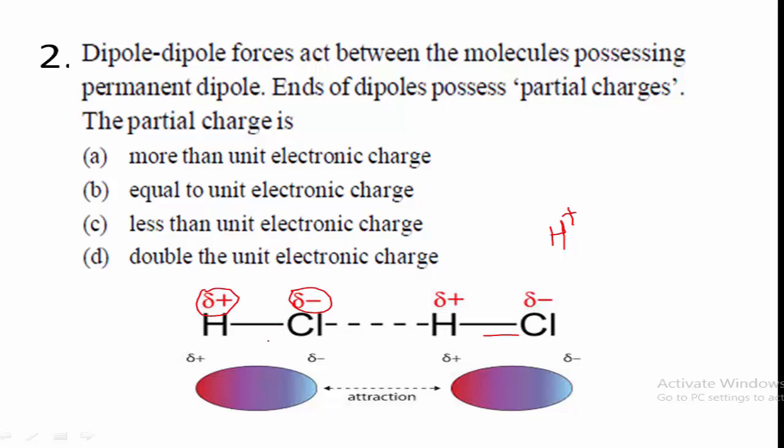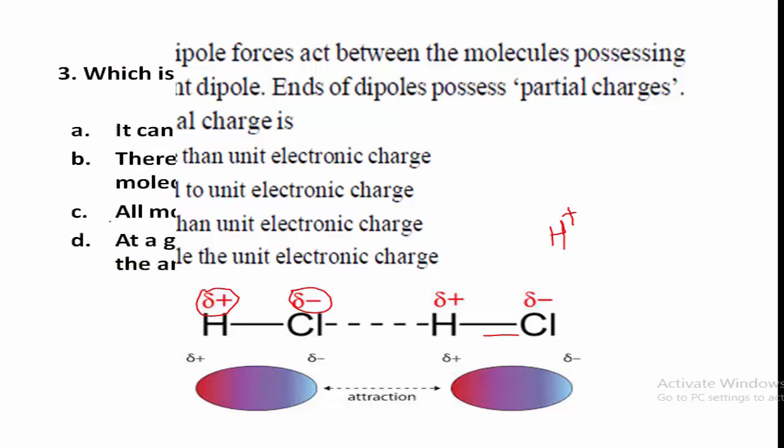Dipole-dipole forces means the force of attraction present between two dipoles or two polar molecules. So what does the partial charge represent? Option A, more than unit electronic charge, is not correct. Option B, equal to unit electronic charge, is wrong. Option C, less than unit electronic charge. Delta minus partial means less than the unit electronic charge, so option C is the right answer.